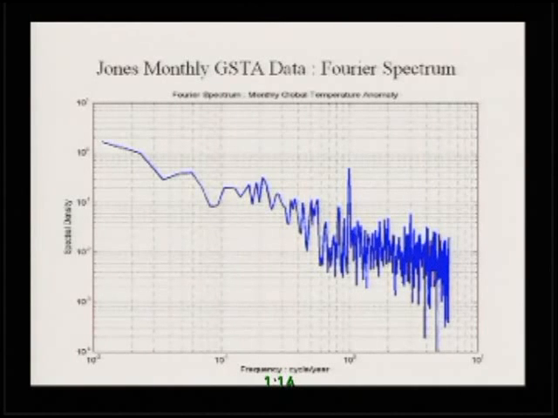Beyond 1 year, there's almost no information, because here it's almost flat. It's not exactly white, but it's very, very noisy, almost like brown, flatter than -1.